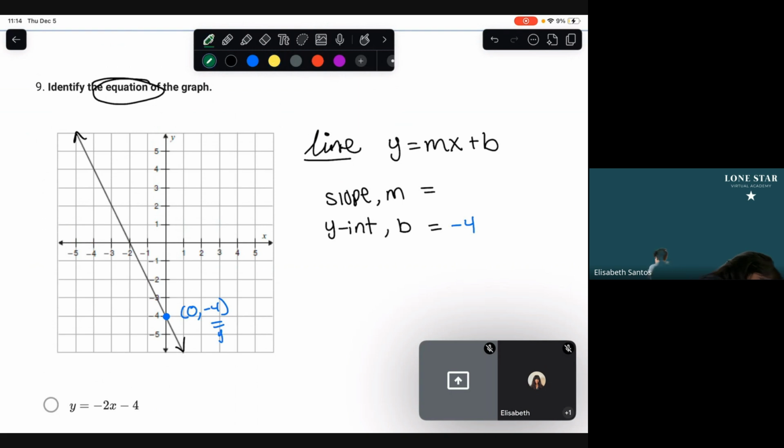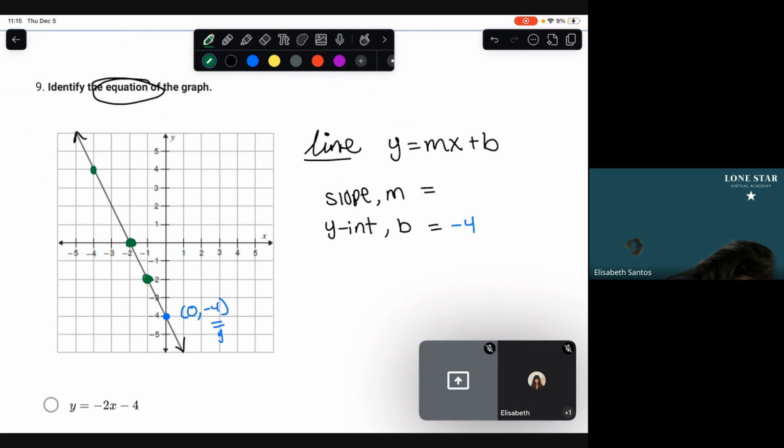And then we're going to use this point, or you could have used this point, or this point. Doesn't matter. Just make sure it's a whole point, meaning it doesn't have any decimals or fractions. It is an integer.